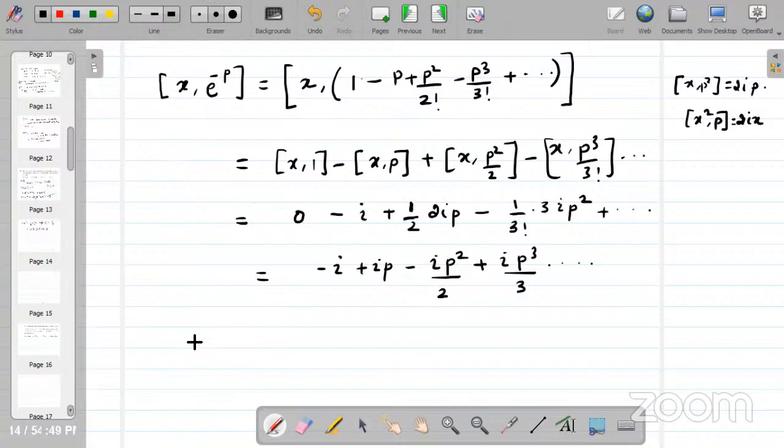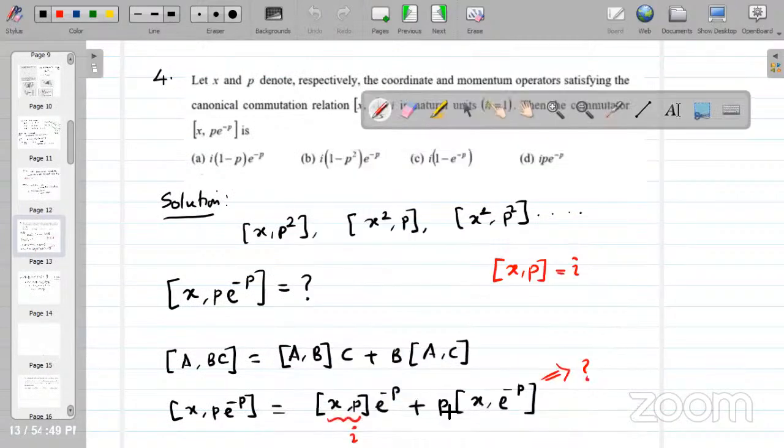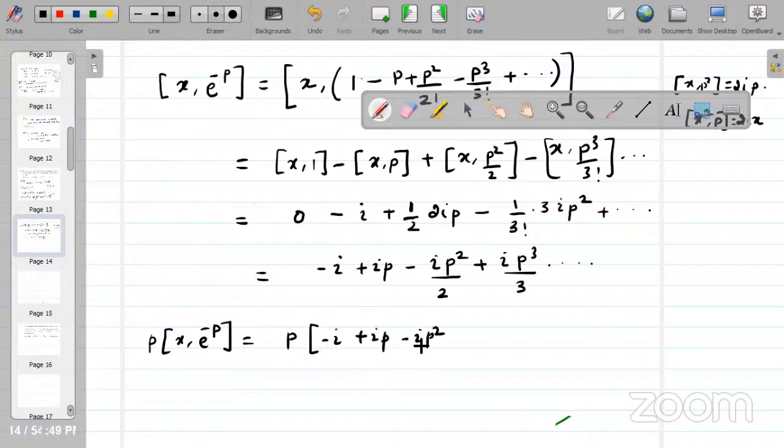So now, what is our original expression? We need to find it, look at the previous case. Our original thing is p into [x, e^(-p)]. Already we have i into e^(-p) plus. Now we have to substitute in the place of the second term [x, e^(-p)]. So p into [x, e^(-p)], right, p into e^(-p) minus i plus ip minus ip² by 2 plus ip³ by 3.